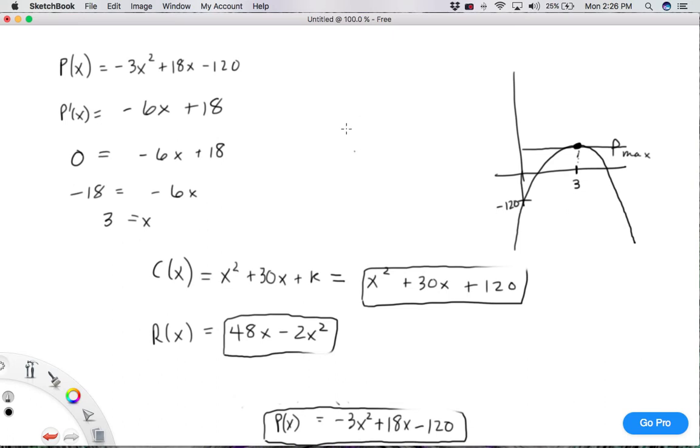Okay, so to find out what the actual profit would be when we produce 3 units, we're going to plug 3 back into the profit function. So negative 3 times 3 squared plus 18 times 3 minus 120. We'll go back to our calculator.